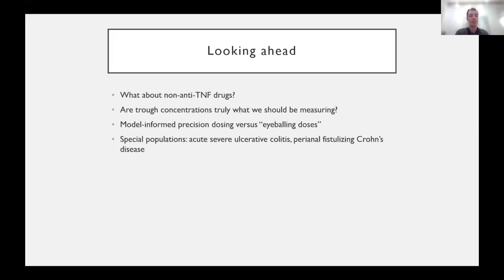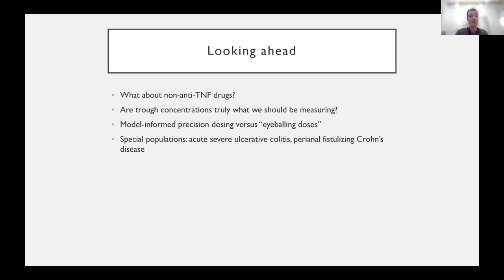Of course, it would also be said that this makes sense because trough concentrations capture all the pharmacokinetic processes, but this is not necessarily the case, and perhaps additional metrics of exposure to drugs should be explored and perhaps give us a better idea on how to improve outcomes for our patients.